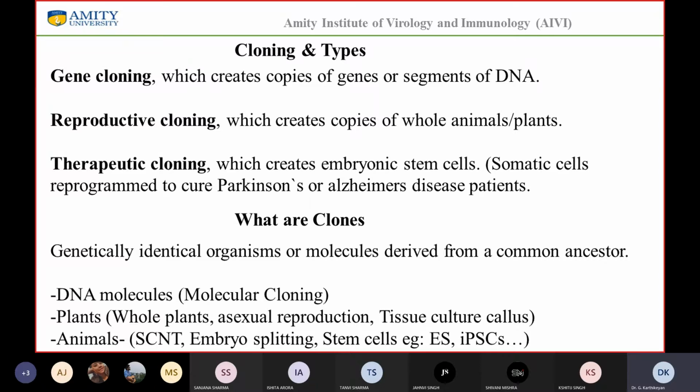When it comes to plants, you can generate whole plants by various methods: asexual reproduction, tissue culture, and then putting them into specialized media. When it comes to animals, two very commonly used methods are SCNT or single cell nuclear transfer, and embryo splitting.